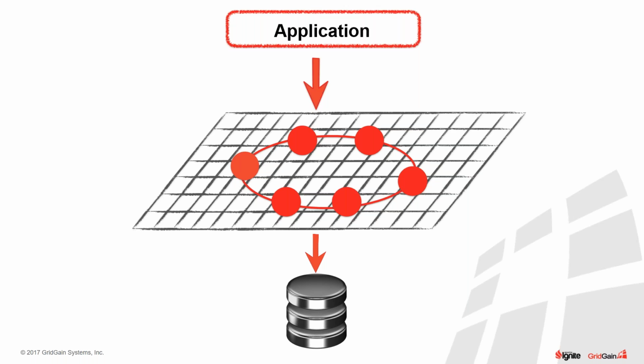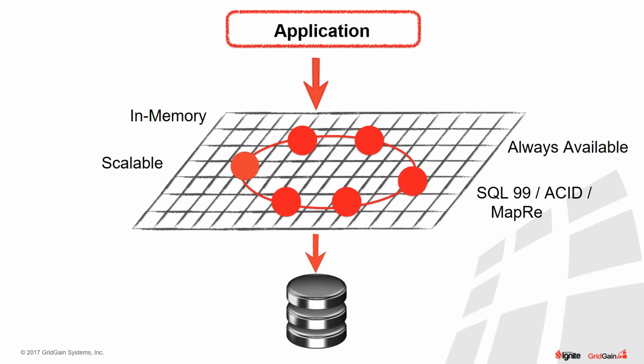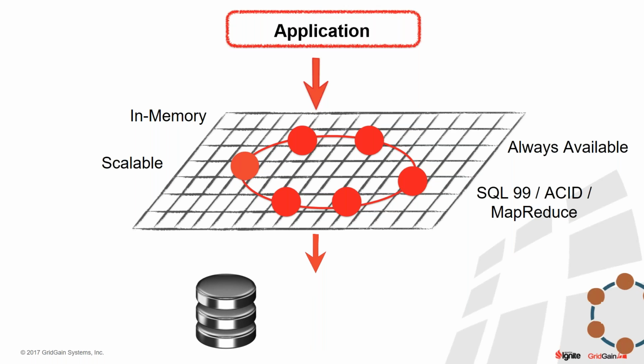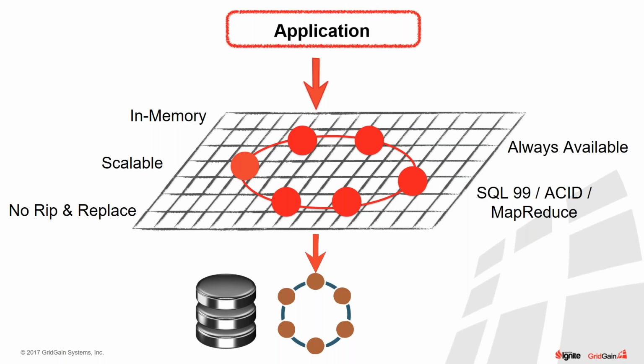And so you get the advantages of distributed computing and parallel processing, as well as the advantage of moving to an in-memory architecture. And also with the advanced clustering, we have high availability features so that we're always available and we're scalable as well. And then throw onto it the requirements of providing ANSI SQL 99 compatibility, and also guaranteeing ACID transactions. And there you go.